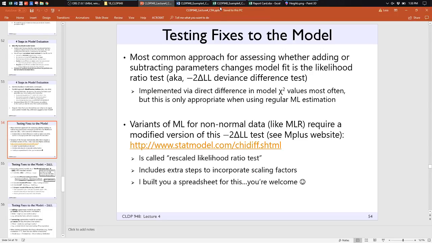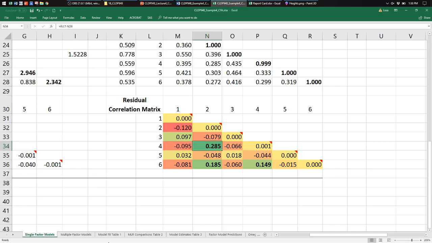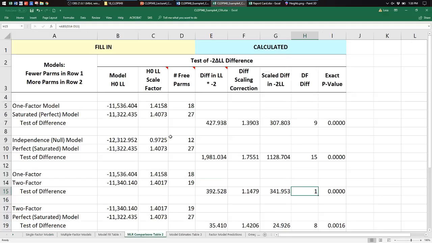In the example spreadsheet that goes with this, I have a tab called Model Comparisons, Table 2, and I've built the spreadsheet for you. So you just have to enter these three things: the model log likelihood value for the to-be-compared models, their scaling factors, and their number of free parameters, meaning the number of things you've estimated.